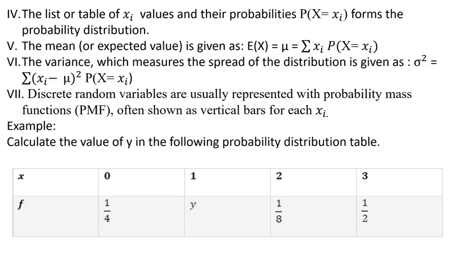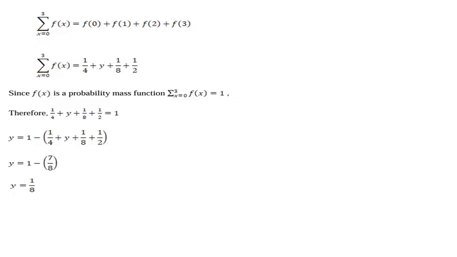Example: calculate the value of y in the following probability distribution table. Assuming we toss 2 coins. From here our x is 0, 1, 2 and 3 heads. For no heads, 1/4; 1 is missing; 2 heads, 1/8; and 3 heads is 1/2.